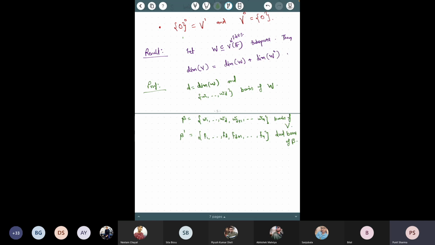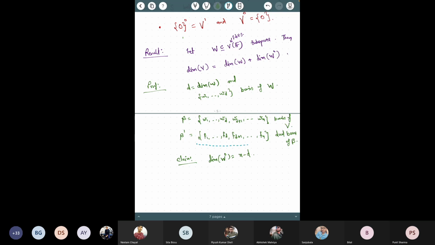That is the right thing, because I need to find a basis for W naught containing N minus D elements. Here I already have some linearly independent vectors in V dash.